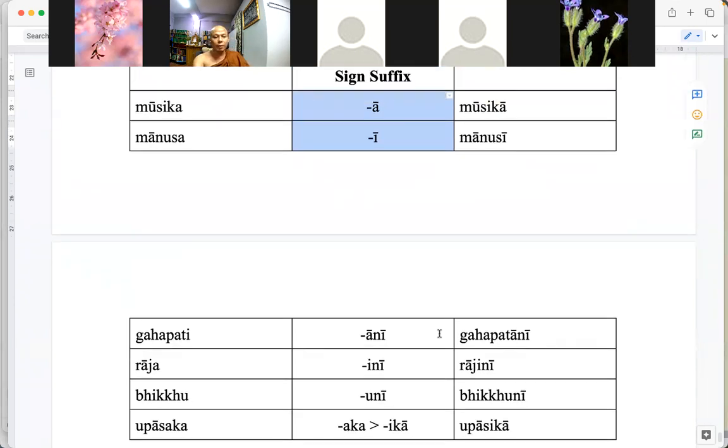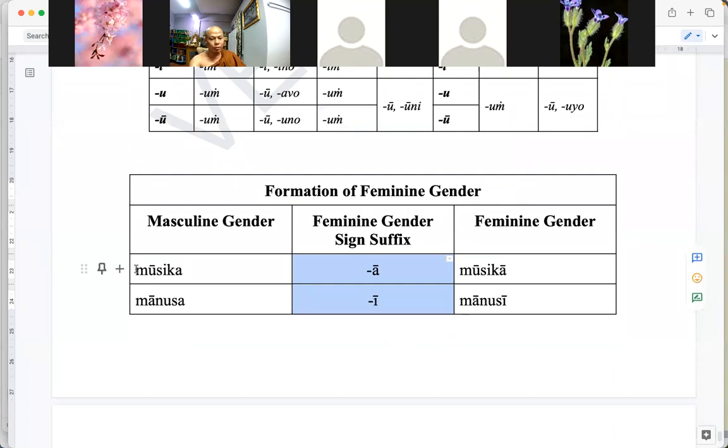So even though they are ending in the R, you see, musika can become the musika, but manusa becomes the manusi. So for that one, maybe because of that R is added, because of this E is added, we don't have any specific method or system. So we have to check with the dictionary. Otherwise, we don't know that we are doing right or not. Right. Okay, I got it. Thanks, Bante.